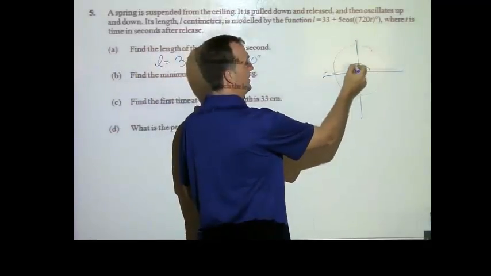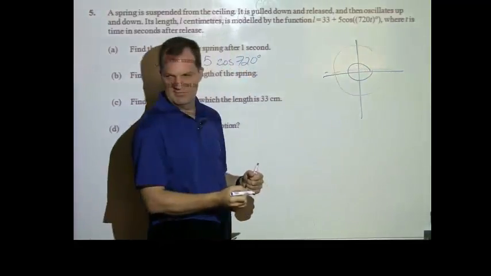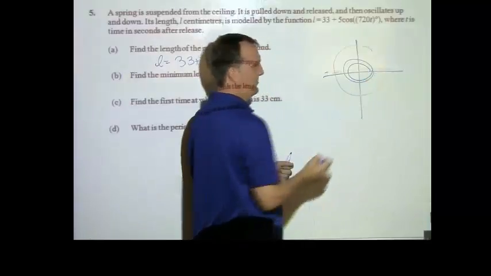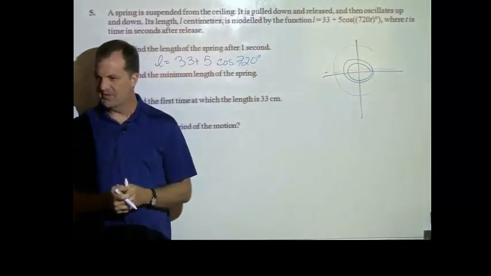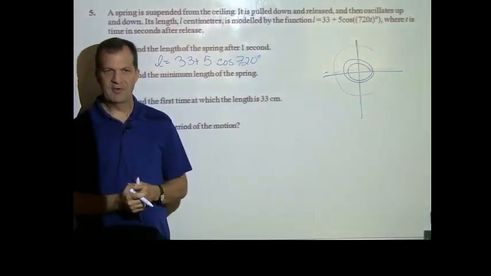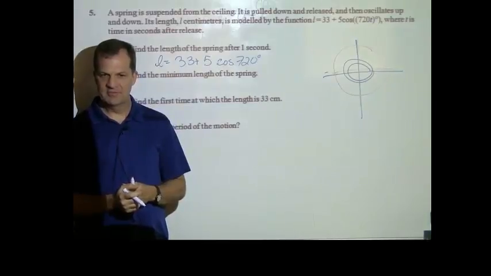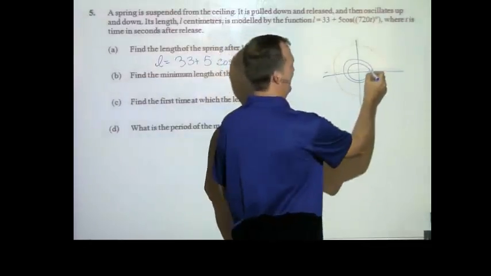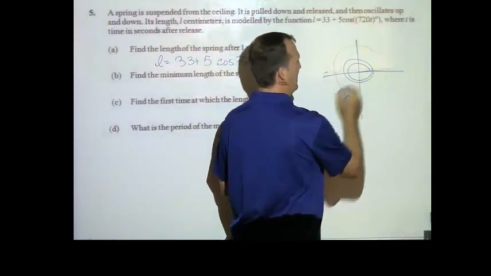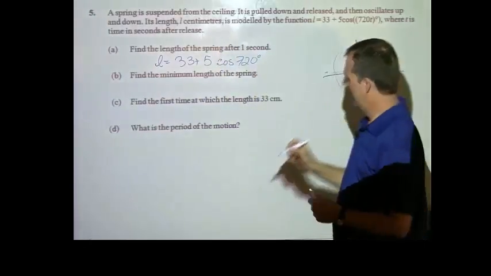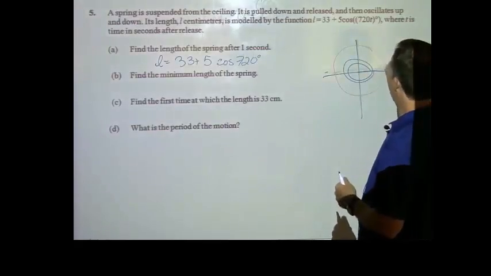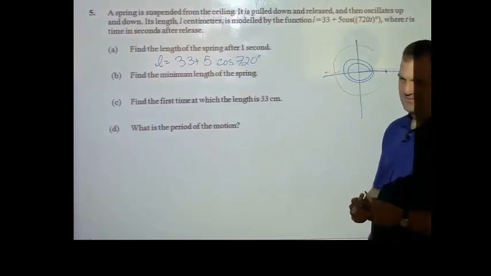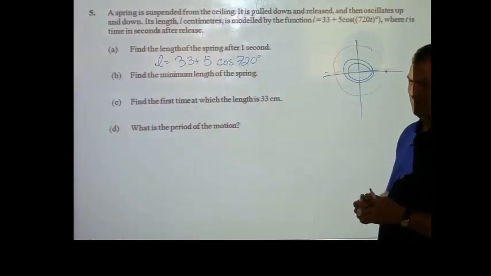Well, there's 360 degrees, and there's 720. So what's the cosine value? You've now gone all the way around, so you're back to right there, right? And what's its cosine value?